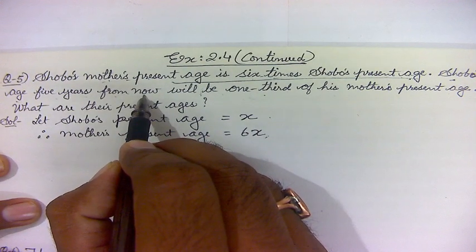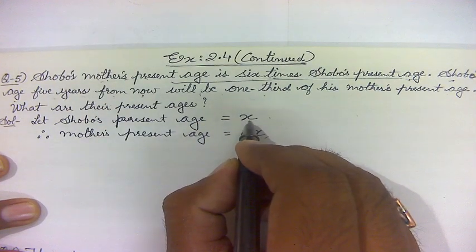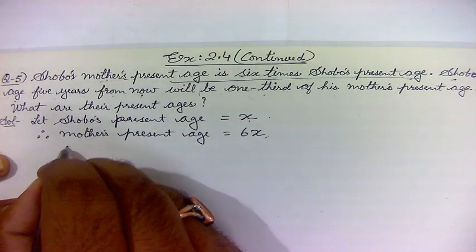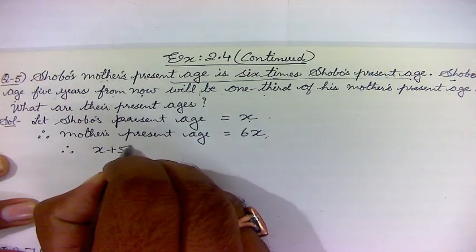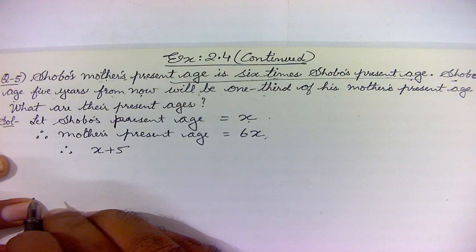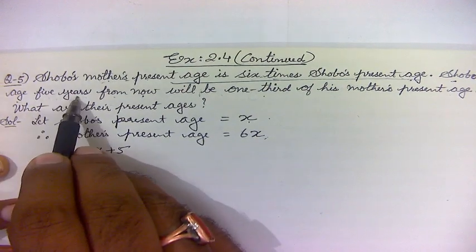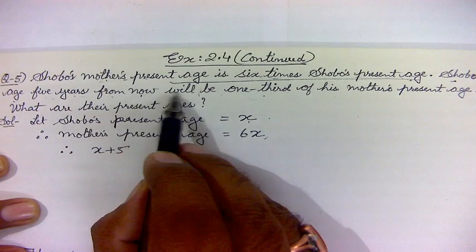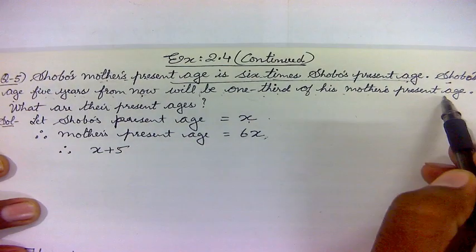Now Shobo's age 5 years from now. 5 years from now means after 5 years. So if present age is x, then after 5 years, what will be his age? His age will become x plus 5. You will add 5 in that. So after 5 years, age will be 1/3 of his mother's present age.